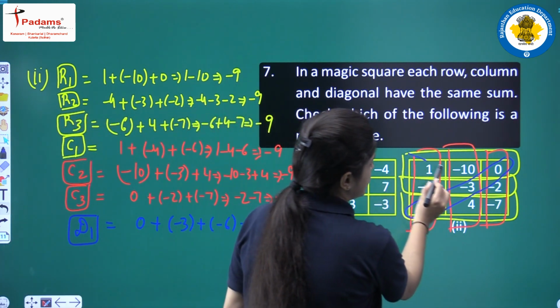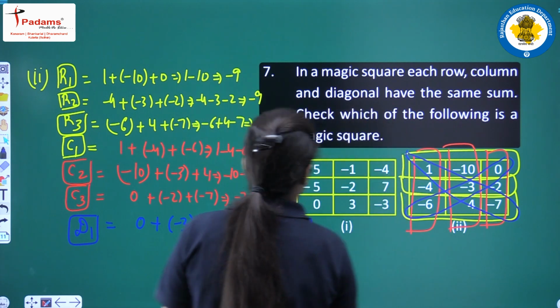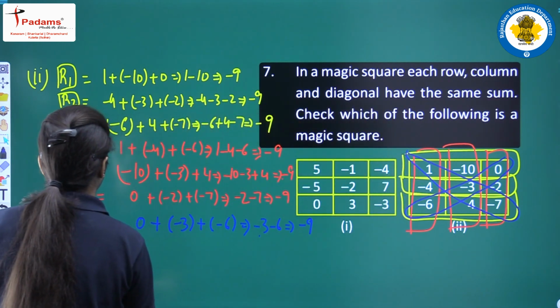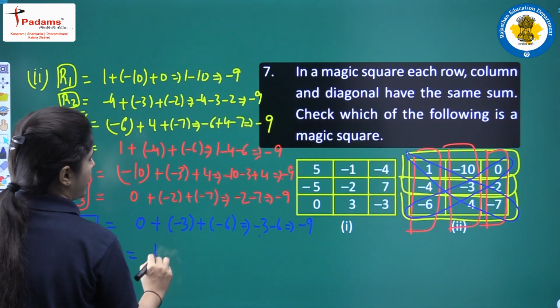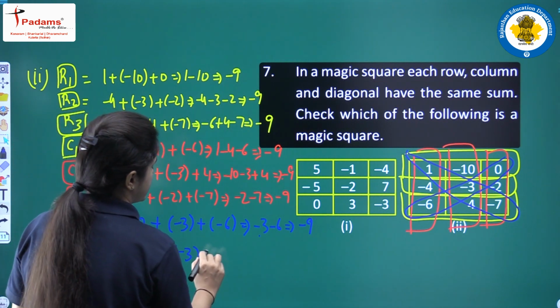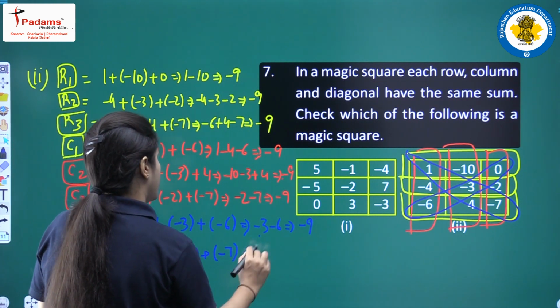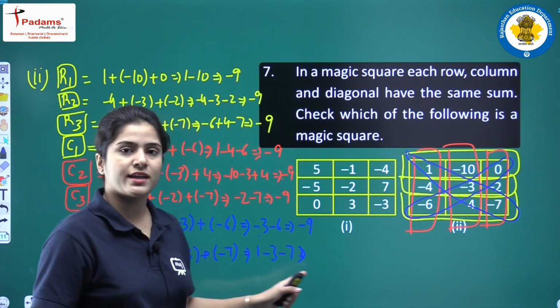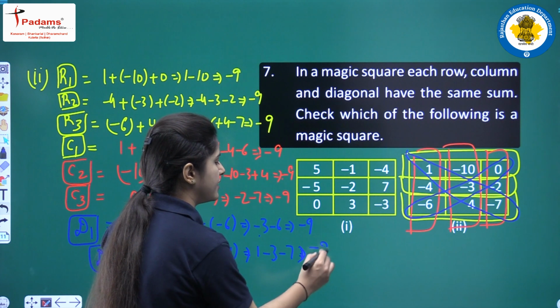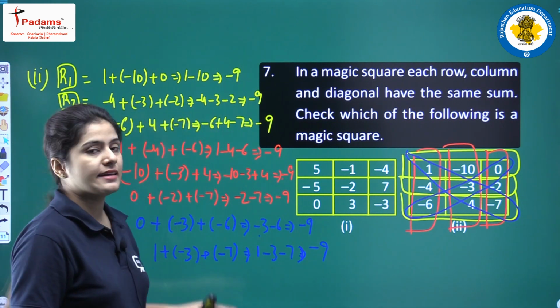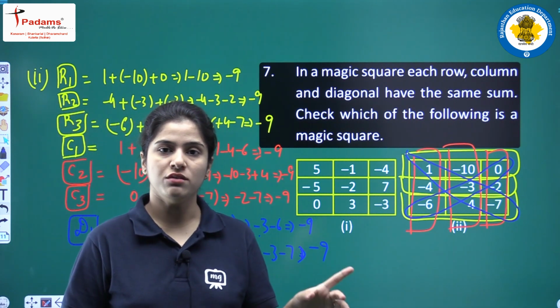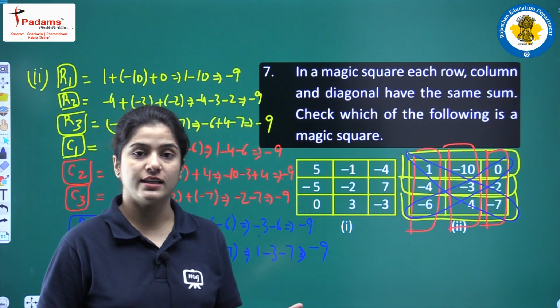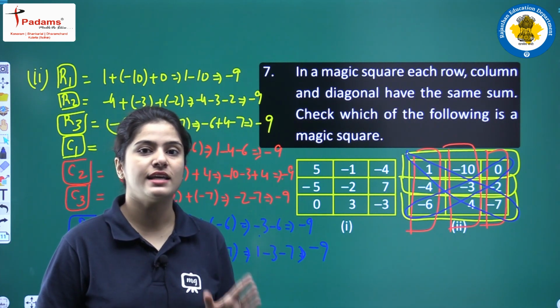And now this diagonal 2, 1 plus minus 3 plus minus 7. 1 minus 3 minus 7, 1 minus 3 is equal to minus 2, minus 2 minus 7 is equal to minus 9. So now students, you can clearly see that the sum of each row, each column and each diagonal is the same, that is equal to minus 9.